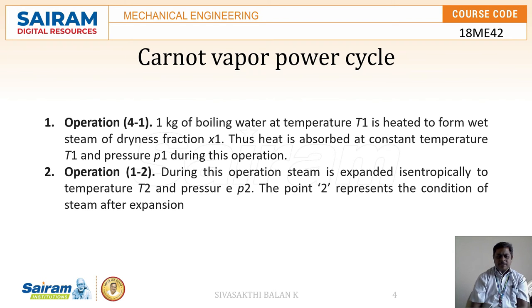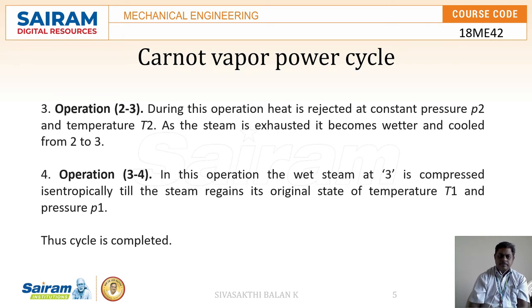Then the next operation is 1 to 2. This is the expansion process. As we know, it expands from temperature T1 to T2 and from pressure P1 to P2 in an isentropic process. The next operation is 2 to 3. During this operation, heat is rejected at constant pressure and temperature T2.